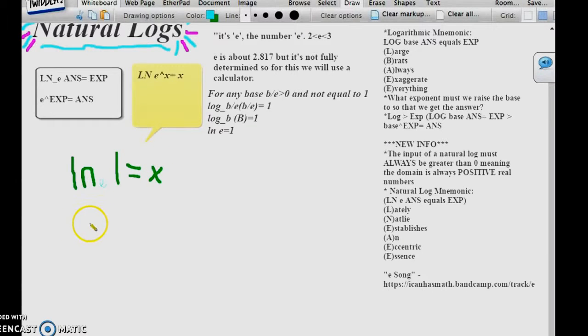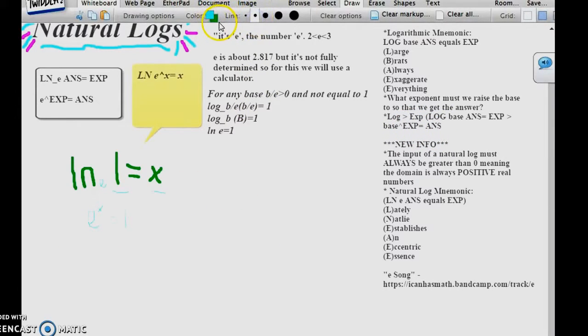So I take e to the x power and equal it to 1, because 1 is the answer, x is my exponent, and we said the base raised to the exponent equals the answer.